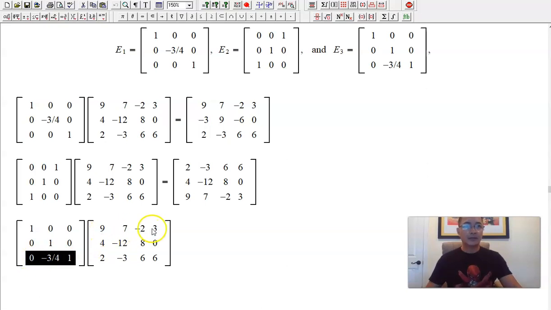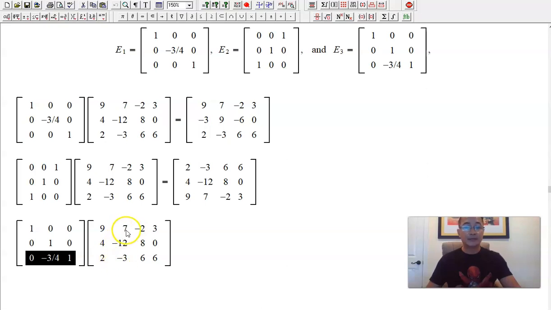0. Nothing's going to contribute from row 1. -3/4. So you multiply 4 by -3/4. That's where we got the -3. Okay? But now there is still a 1 there, so you will add 2. -3 plus 2, we should get -1.